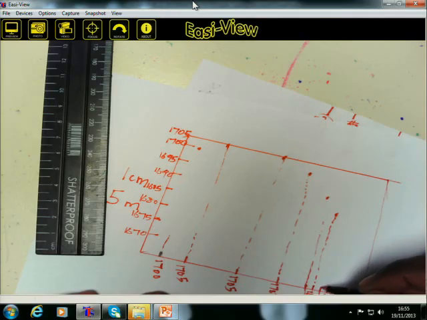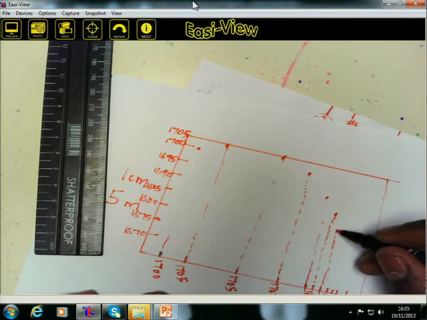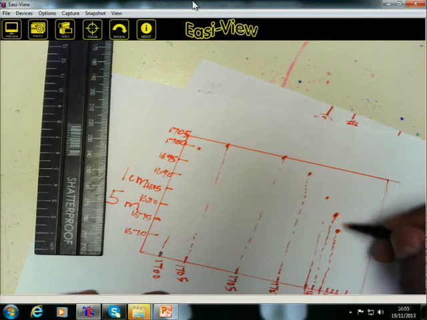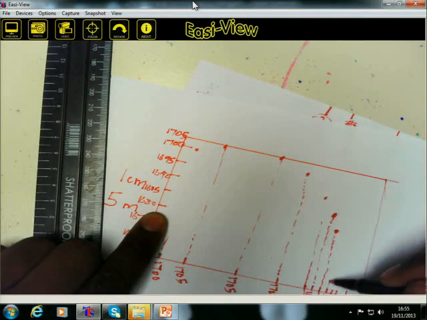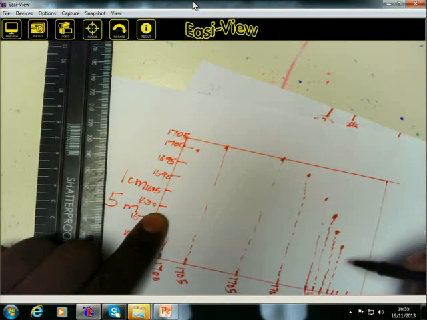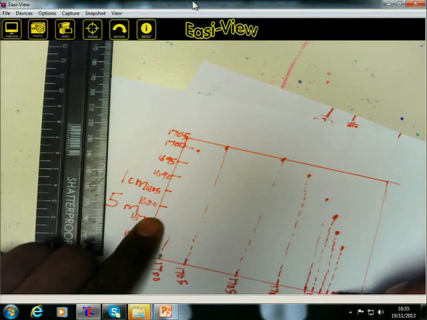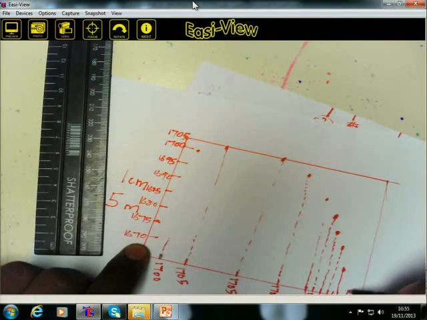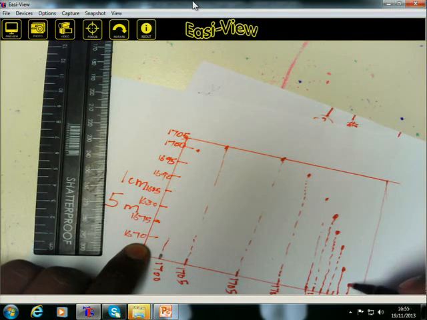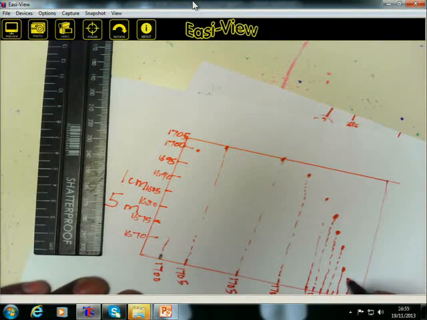And then 1685 should come also here. And then 1680 must come next to 1680. 1675 should come here. And then 1670 should come here. Then I join my lines.